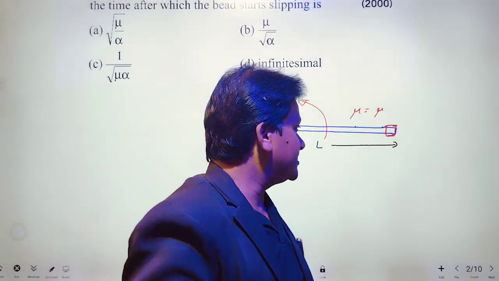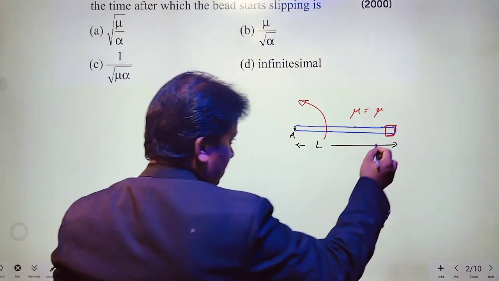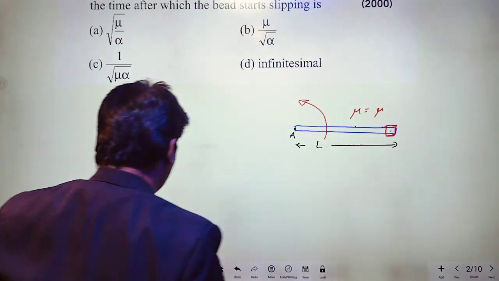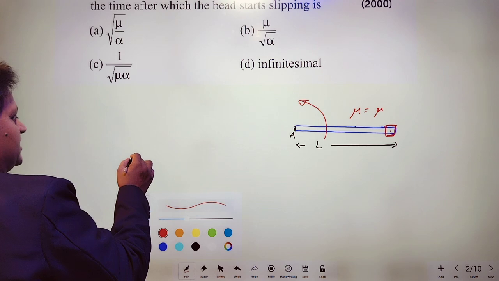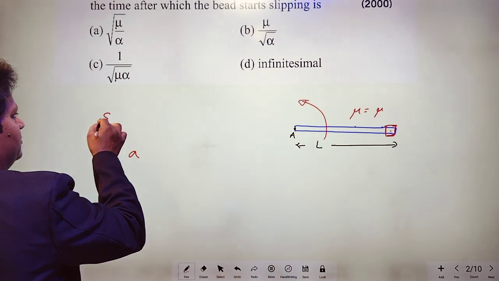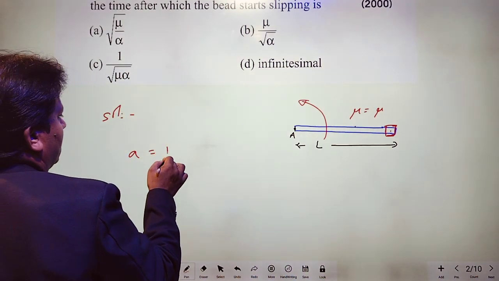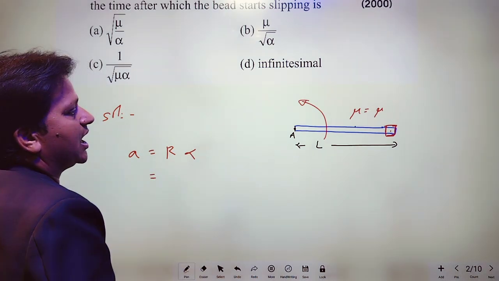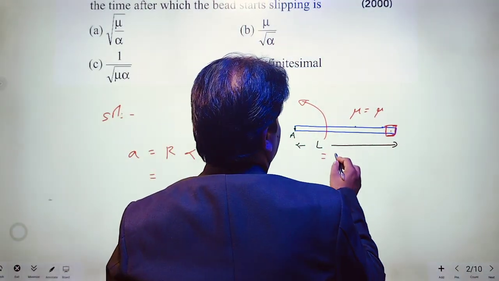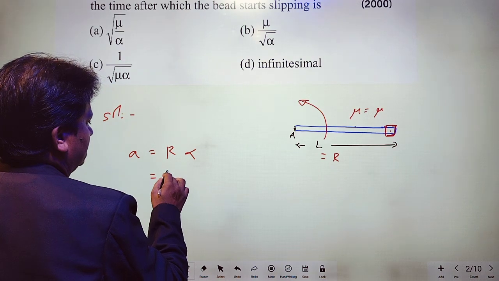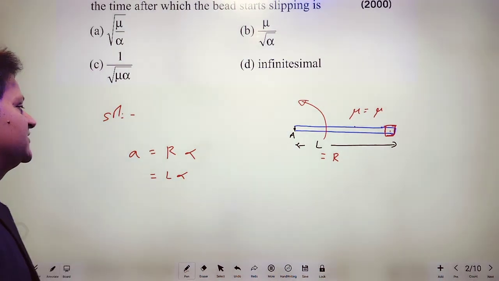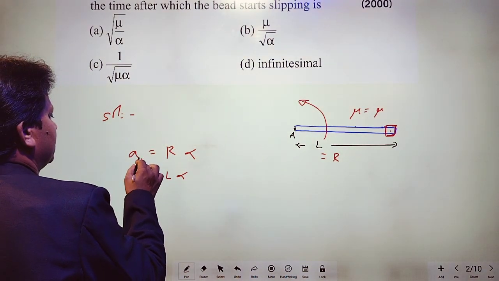Therefore, the tangential acceleration of this bead will be equal to R alpha. Here R is L, so it is L alpha.